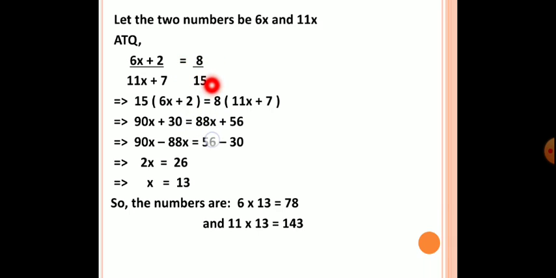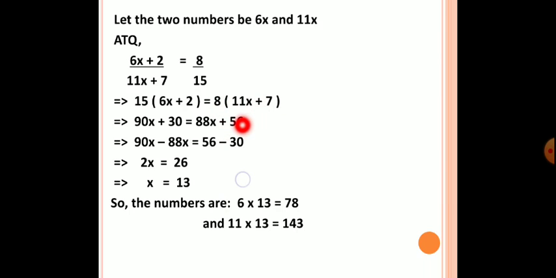Now we can cross multiply, that is 15 into 6x plus 2 is equal to 8 into 11x plus 7. So 15 multiplied by 6x is 90x plus 15 multiplied by 2 is 30, equal to 8 into 11x, 88x, plus 8 multiplied by 7 is 56.